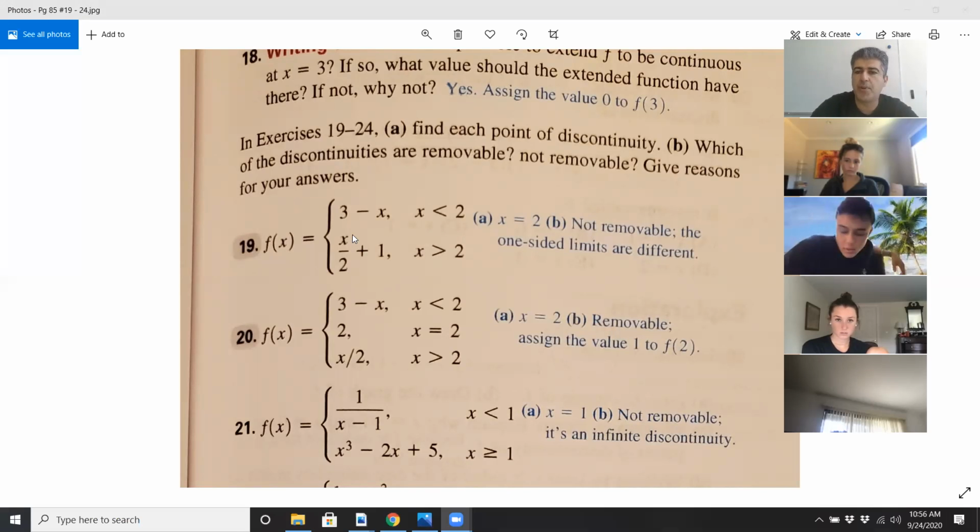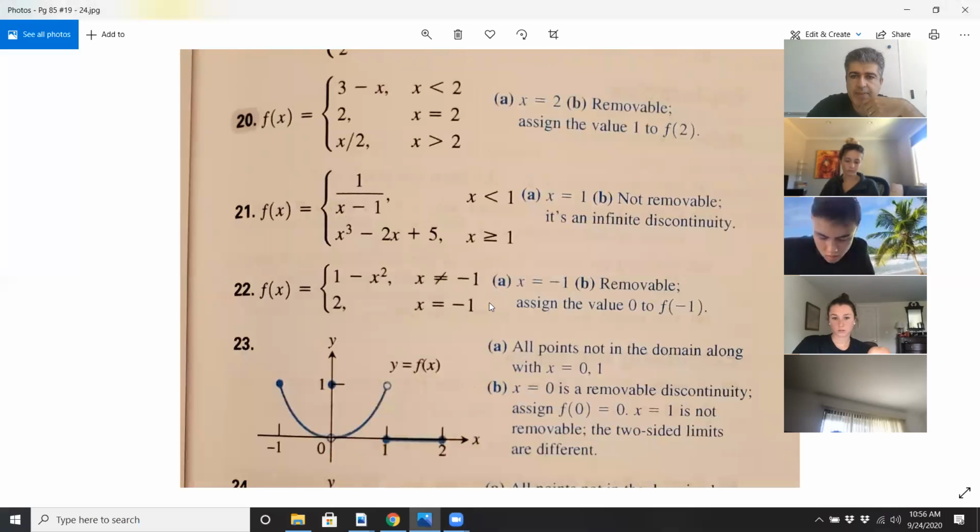This is a jump discontinuity, when the one-sided limits are different. Removable means the limit exists. To be removable, you need the limit to exist. Now here, f of 2 is defined, and the left and right-hand limits exist, so the limit exists, but the limit does not equal f of 2. So that's why it's removable.